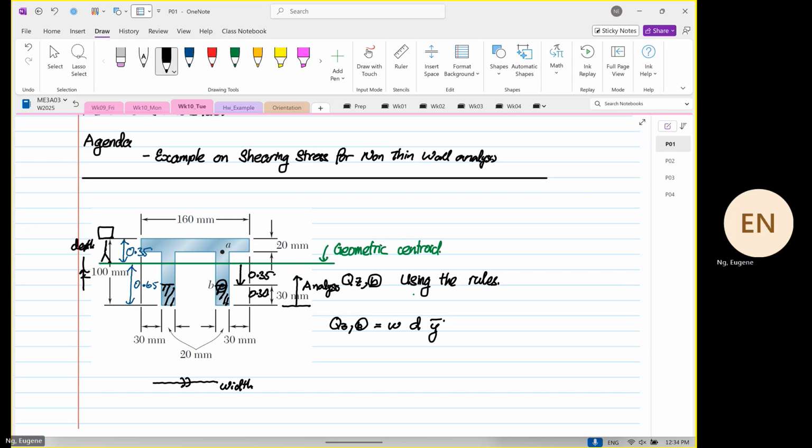Okay. So this will be equal to 2. The width is equal to 0.02. The depth is equal to 0.3. And the y bar is equal to what? So the y bar is equal to 0.065.